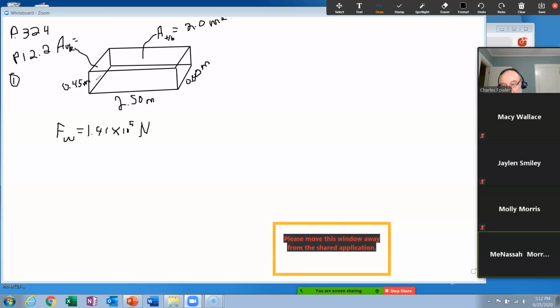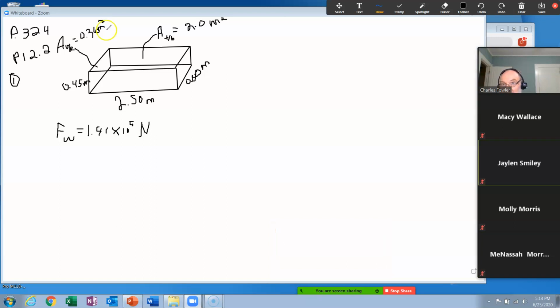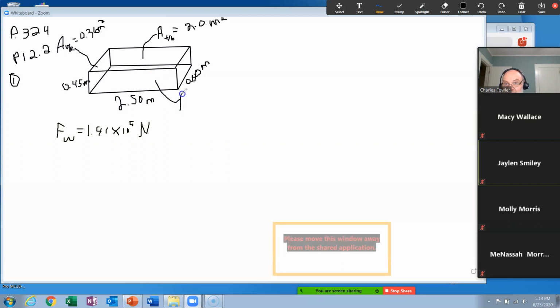So 0.45 times 0.8, that would be 0.36 square meters. Now, is this making sense so far? Okay. And then the one other dimension we don't have is the area of the front and back, the way it's sitting here.